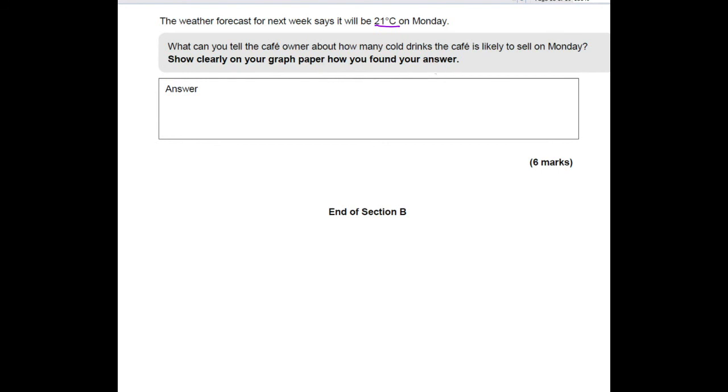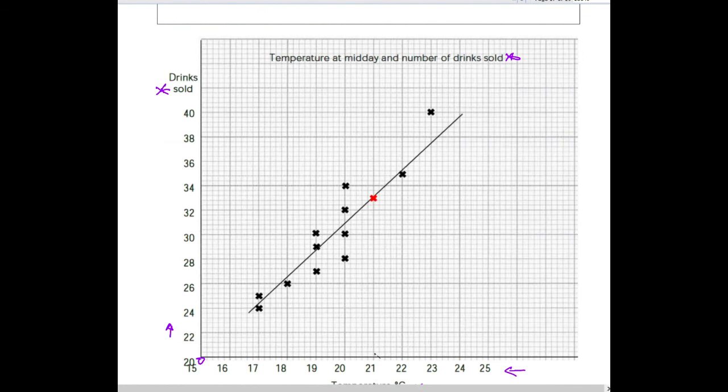So we need to go back to our graph paper and plot up from 21 degrees till we hit a line of best fit, and this will tell us roughly how many drinks we're going to sell. So using a ruler from 21 degrees, plot up till you hit the line of best fit, and then from the line of best fit, go across, and it's approximately 33 drinks.